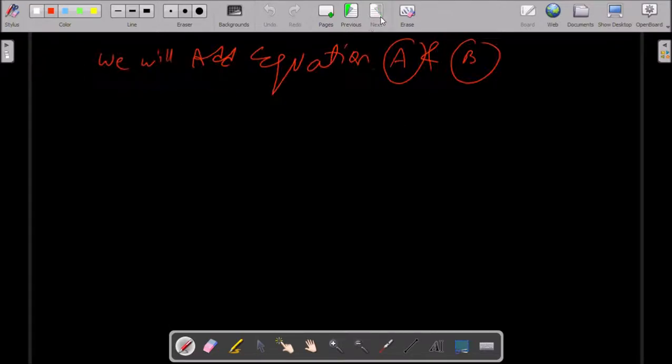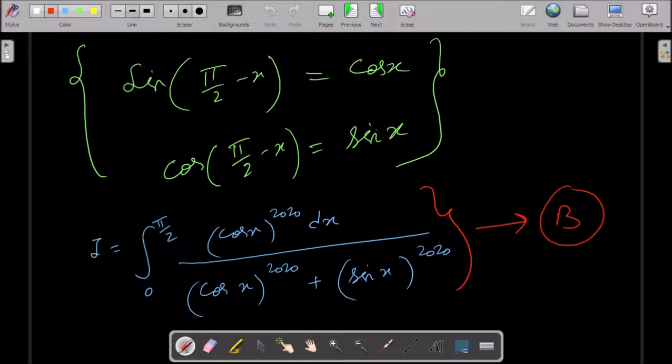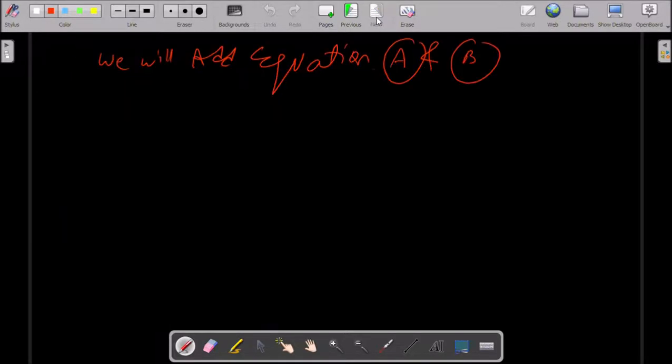Now we are going to add equations A and B. This numerator has cos, and this integration numerator has sine, so it is very easy to add. The limits are also the same, that's why we are adding it easily.